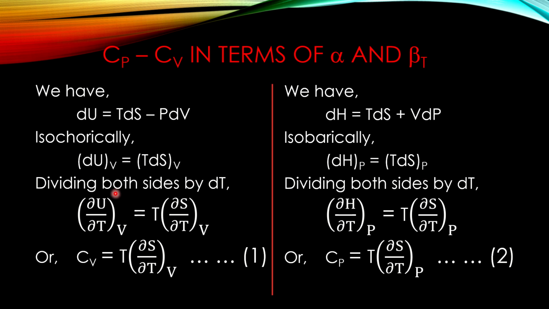Now, similarly, we have to divide both sides by dT. This way, this dH becomes del H by del T at constant P, and TdS becomes T into del S by del T at constant P. Since we know that this expression is nothing but the heat capacity at constant pressure, Cp is equal to T into del S by del T at constant P. So this is the expression of heat capacity at constant pressure in terms of entropy, and this is equation number 2.